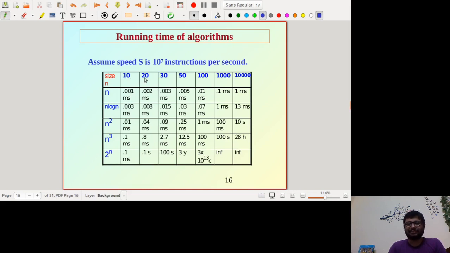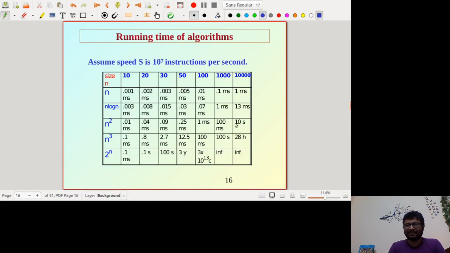On inputs of size 20, it takes 0.002 millisecond, and so on. On inputs of size 10,000, it takes 1 millisecond. Now, with n log n, you can see some difference. It also grows faster than linear. Here, the input size has gone up by a factor of 2, but the time taken has gone up by more than a factor of 2. On inputs of size 10,000, it takes 13 milliseconds.